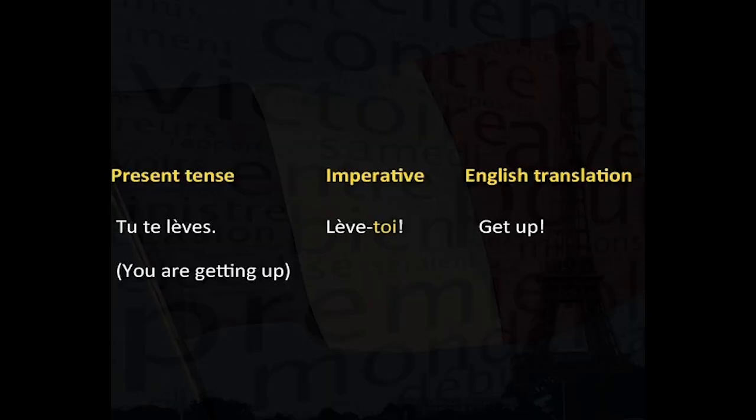For example, tu te lèves, which means you are getting up, becomes lève-toi, get up. The reflexive pronoun te is converted to toi, and this new pronoun, which is a stress pronoun, is placed after the verb. The hyphen is an important addition which needs to be inserted without fail.